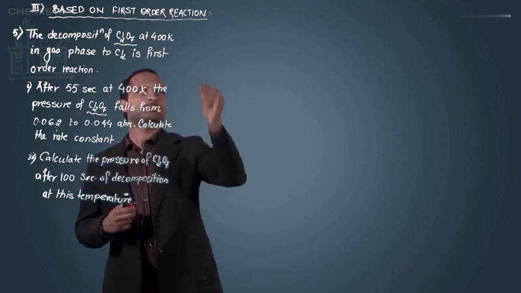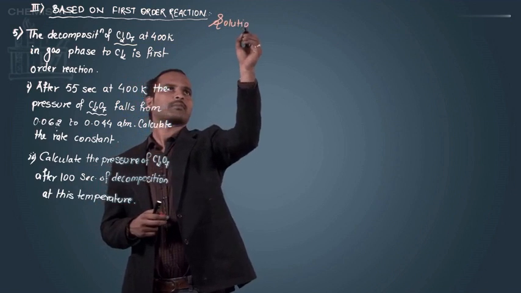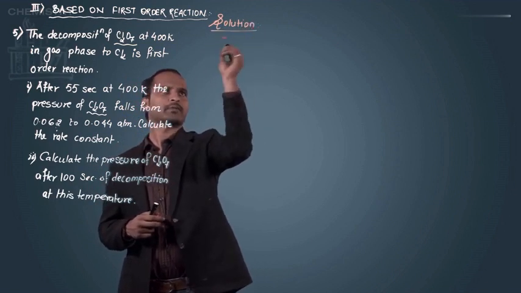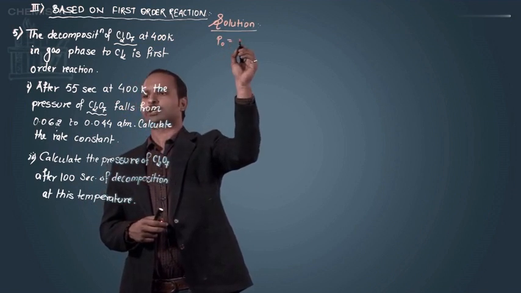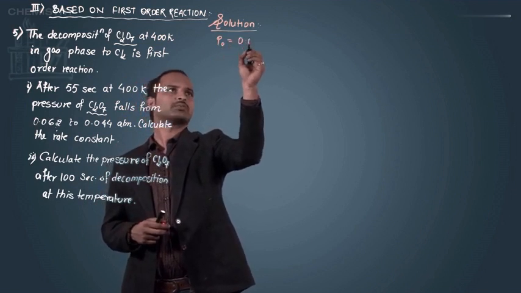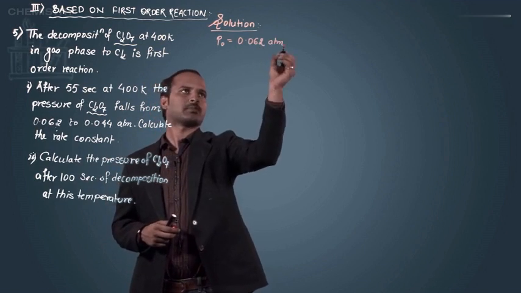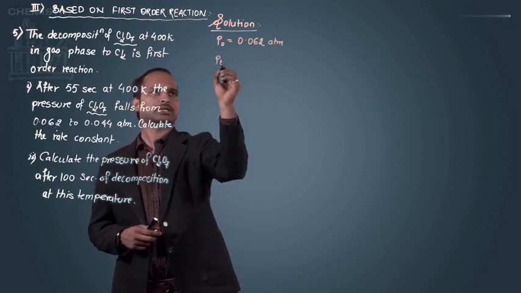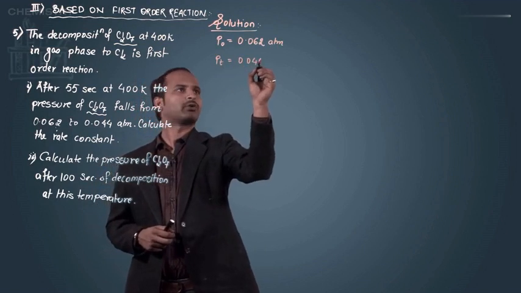In the first part, P naught is given as 0.062 atmosphere, and PT is 0.044 atmosphere.